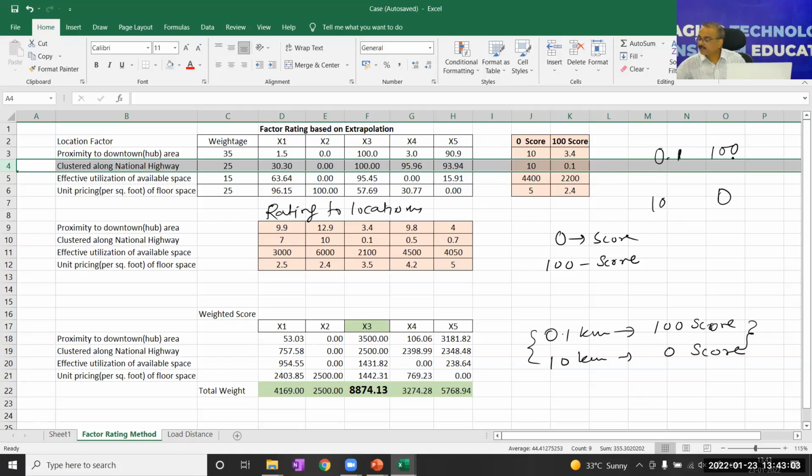0.1 is given a 100 rating, 10 is given 0, and we now want to know what rating should be given to a distance of 7.